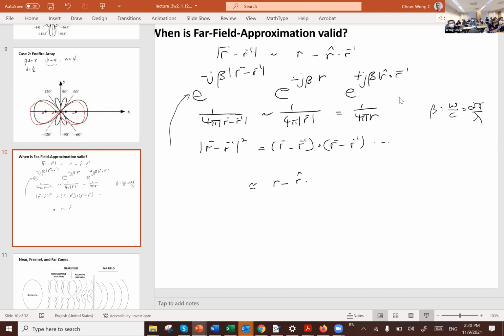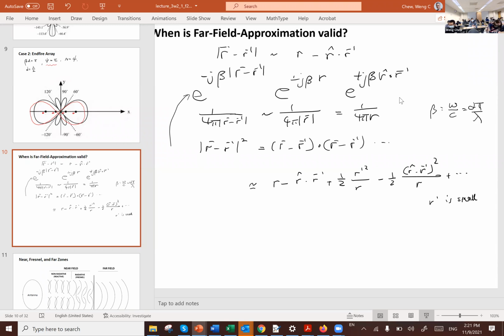What we have done is actually just the first term. If you keep the second term in a binomial or Taylor expansion, it will look something like this, and the next term will look something like this. We assume that r prime is small.